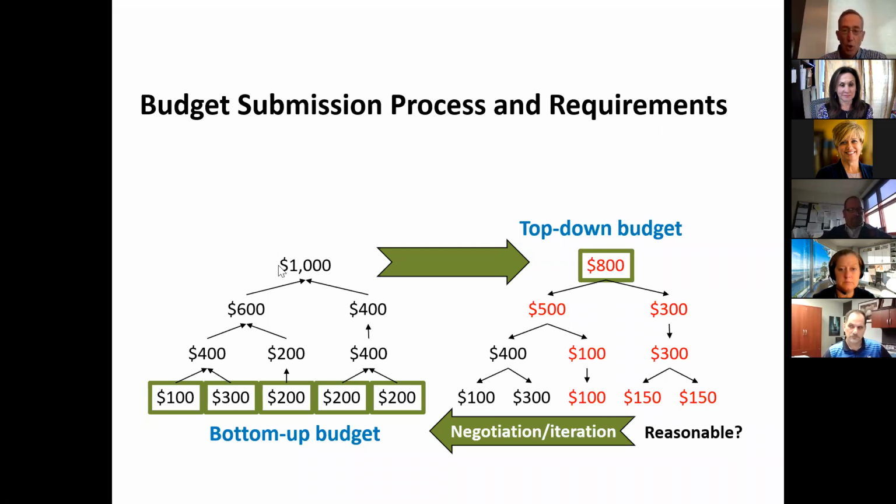And this slide is showing two approaches to budget development, a bottom up and a top down. The bottom up, as the name implies, is one in which the operational managers develop the budgets for programs under their control. Then they're submitted to the next level up.